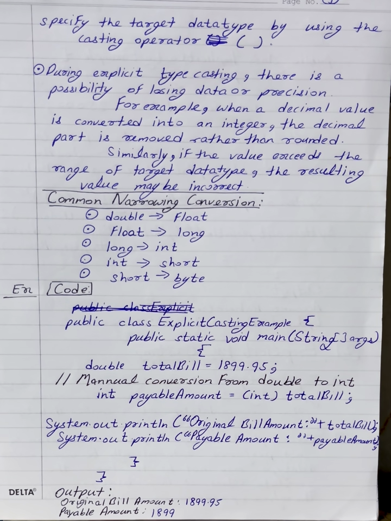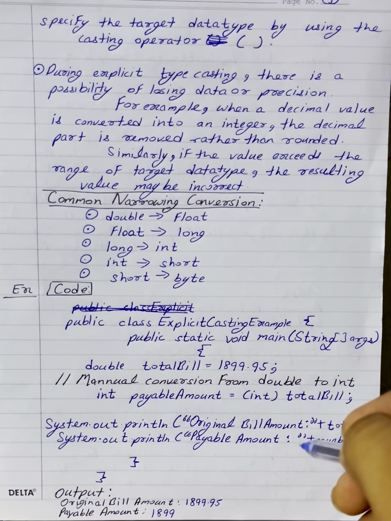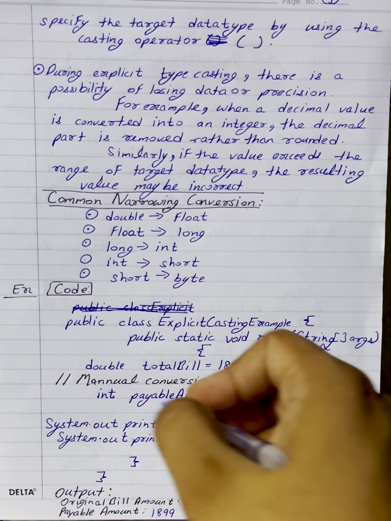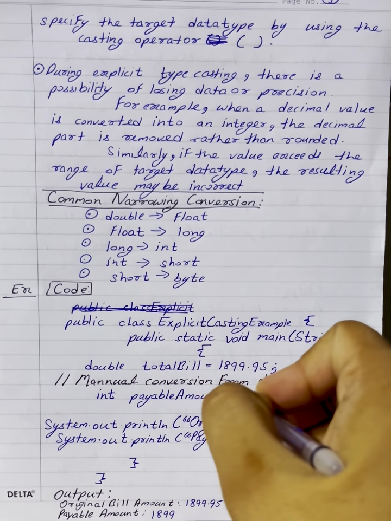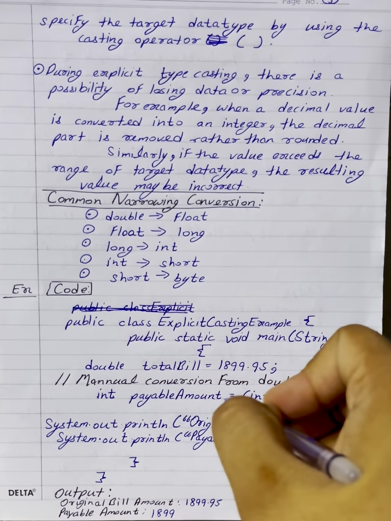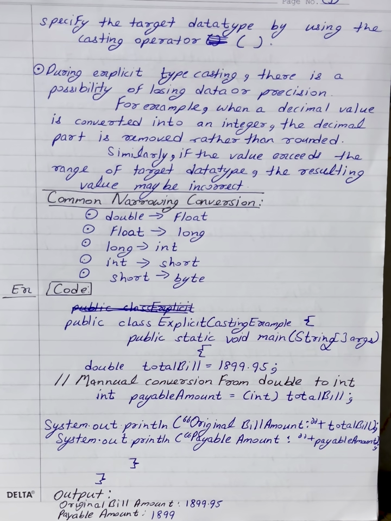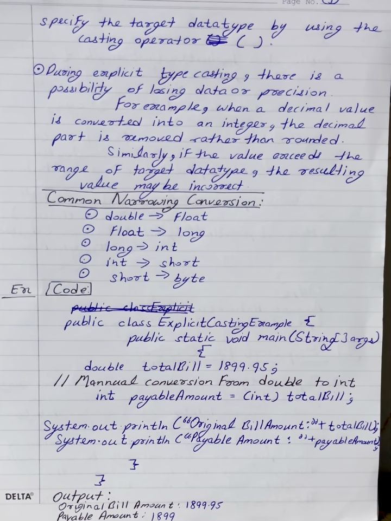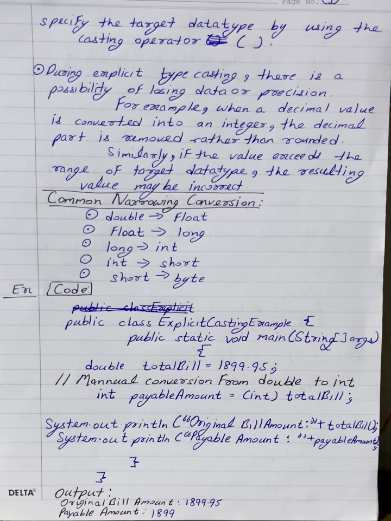And this is stored into a variable called payable amount. This example demonstrates explicit typecasting because here the programmer manually performs the conversion and some information, like the decimal part, is lost during this process.